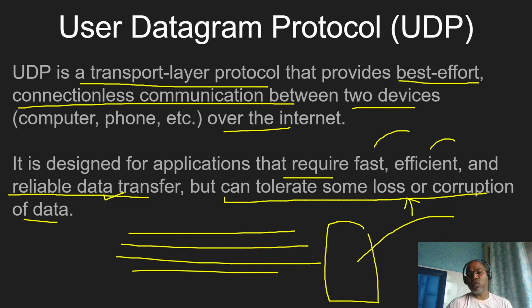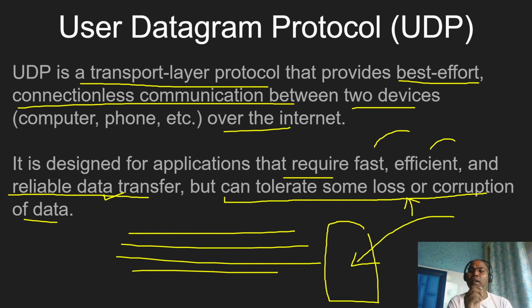So if an application is okay with some frames or packets of data being lost or corrupted, and still works as expected, in those scenarios the UDP protocol helps. But in the case of TCP, we guarantee reliable data transfer without any data loss.